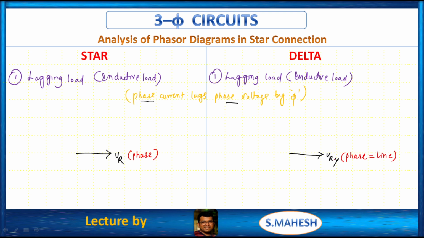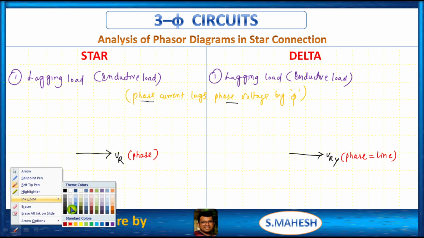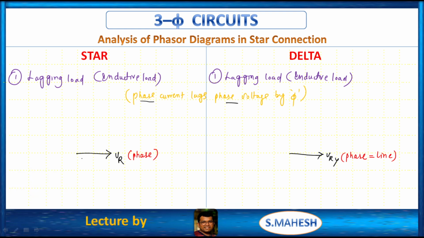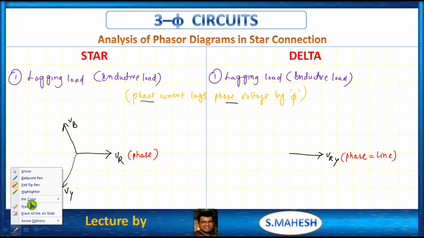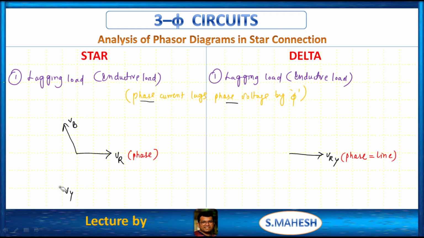So at a time we have two phasors, in case of star with respect to currents, in case of delta with respect to voltage. In order to avoid confusion, here I am providing the phase, which is equal to line in case of delta. Then after 120 degrees of VR, we have VY. Like that, after 120 degrees of this VY, we have VB. Clear? This is a little bit long.